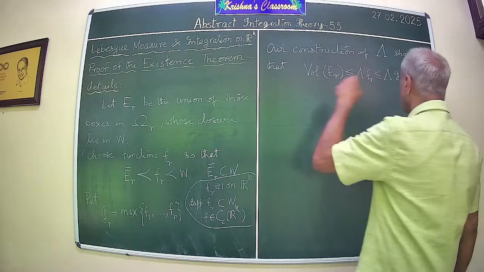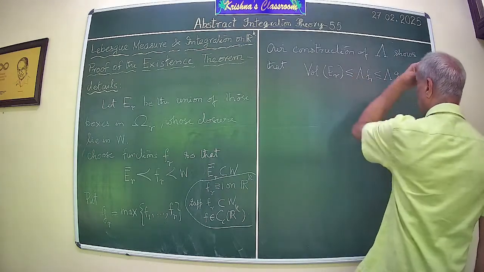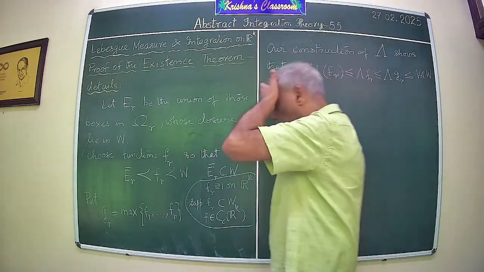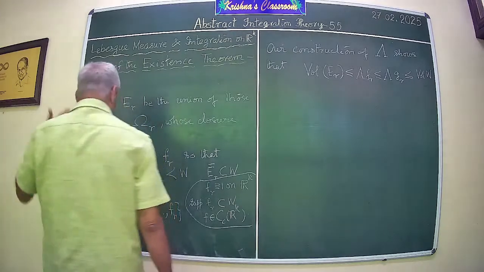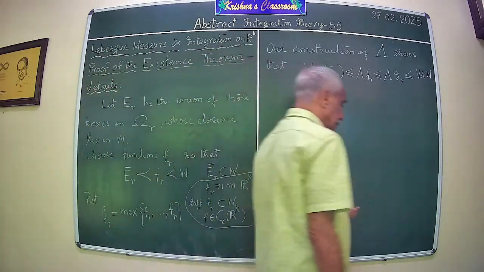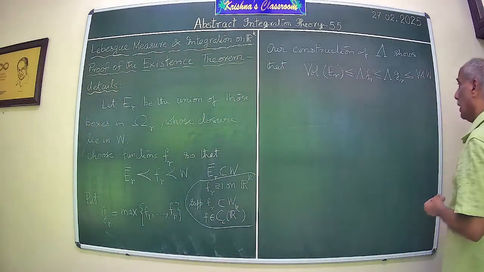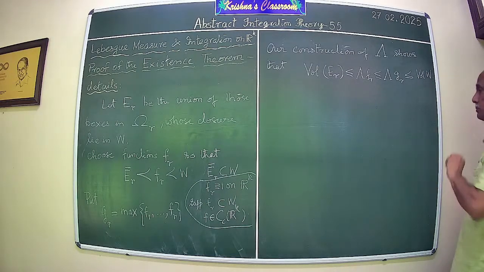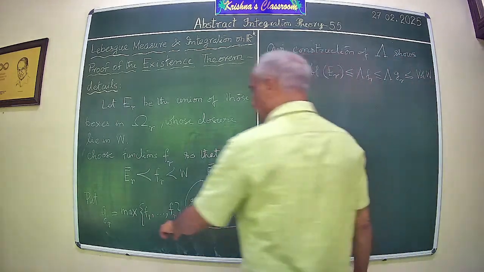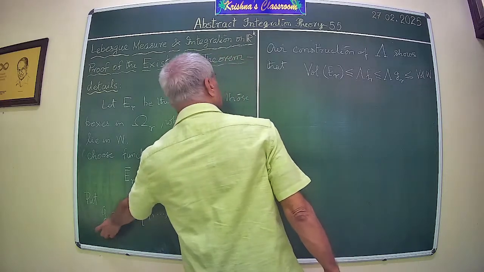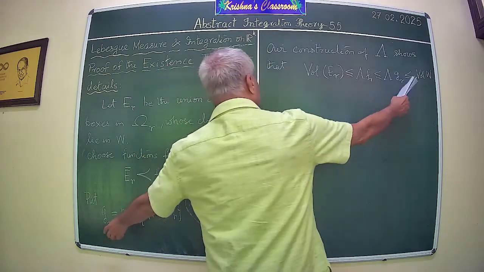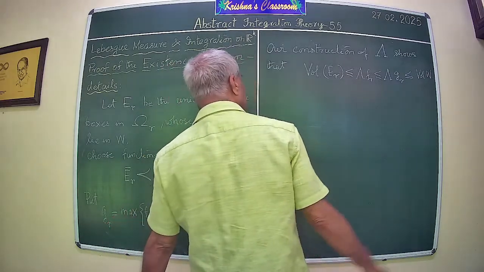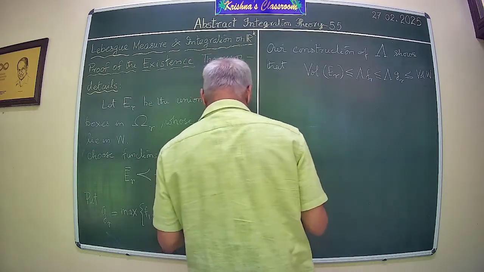Okay. So this inequality is clear because FR is equal to 1 on ER closure. Okay, right? And support of FR is contained in W. And because of this choice, you have lambda GR is less than or equal to volume of W.